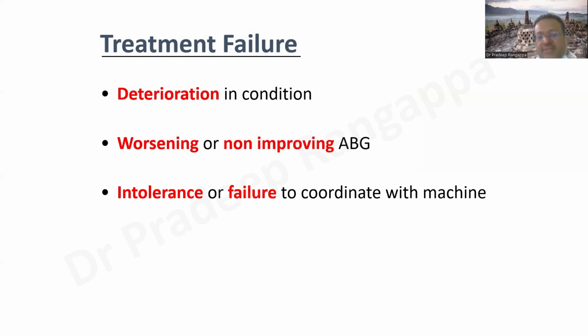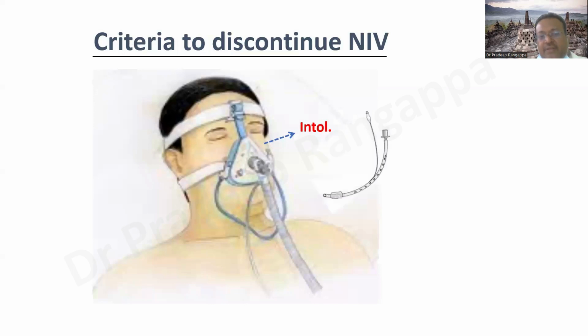Or there is intolerance or failure to coordinate, because the patient may be very restless, not complying in keeping the mask and not settling with sedation. These are failures where you have to call it a failure of NIV and move on to intubation and mechanical ventilation. Intolerance is one of the key reasons why sometimes NIV fails and one has to intubate.